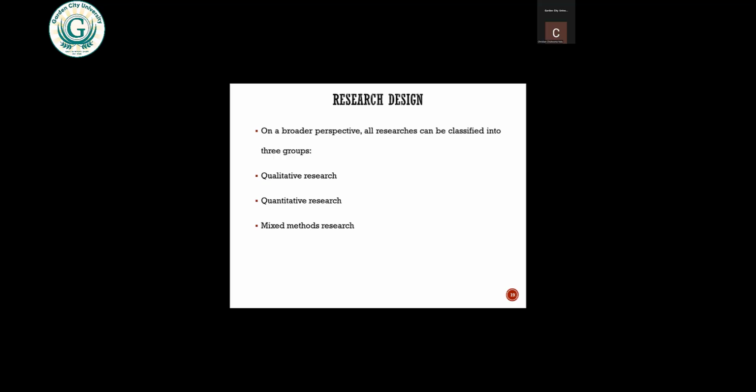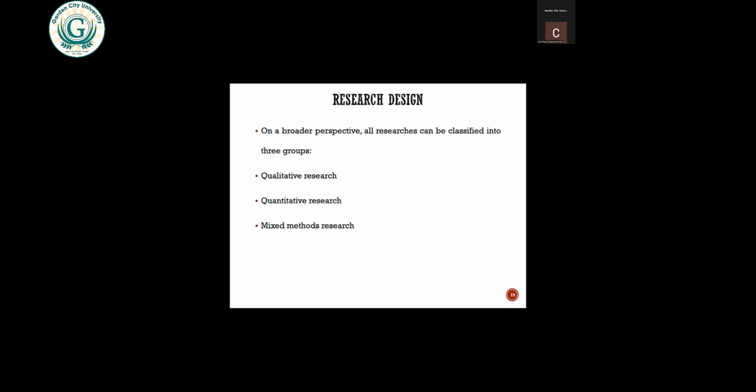all of these research designs we have gone over: applied, basic, experimental, cross-sectional, exploratory, longitudinal, we can narrow into three main research designs. The first one is quantitative, the second is qualitative, and the third is mixed method research.